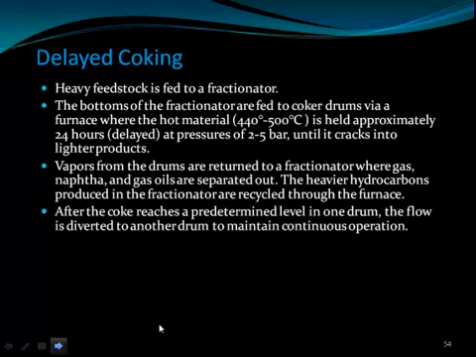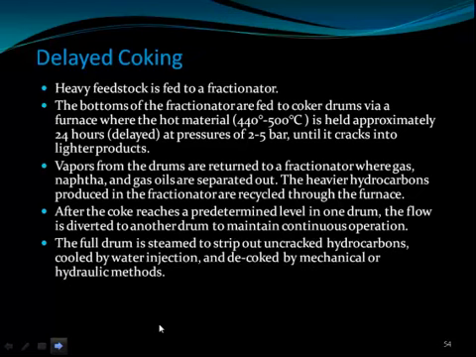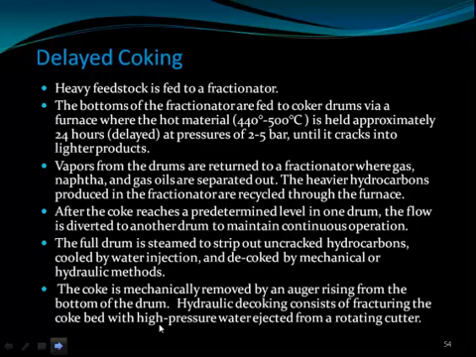After the coke reaches a predetermined level in one drum, the flow is diverted to another drum to maintain continuous operation. The full drum is steamed to strip out uncracked hydrocarbons, cooled by water injection, and de-coked by mechanical or hydraulic methods. Then the coke is mechanically removed by an auger rising from the bottom of the drum.